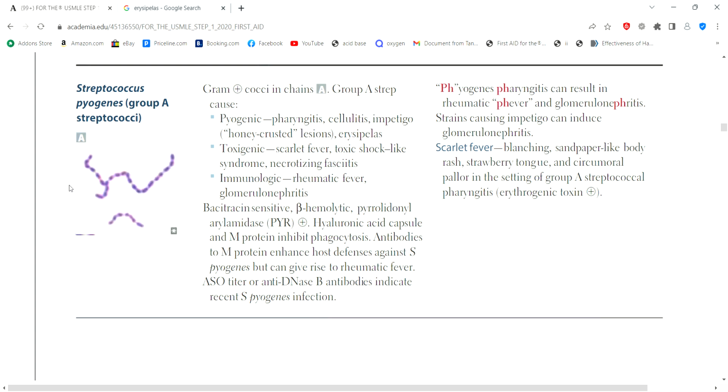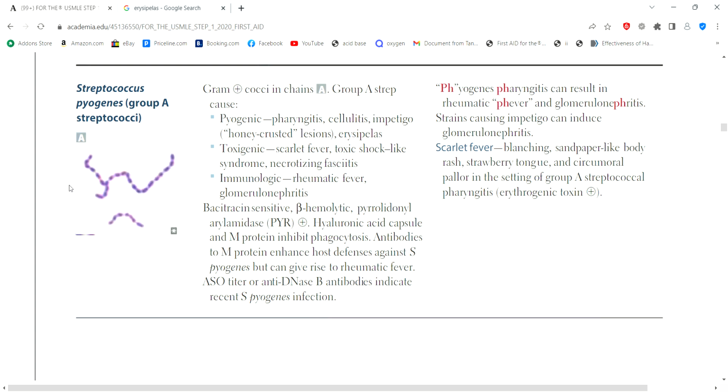So if you got a skin infection, it's only gonna give you post-streptococcal glomerulonephritis. But if you got pharyngitis, you can get either rheumatic fever or glomerulonephritis. That's something you gotta remember.